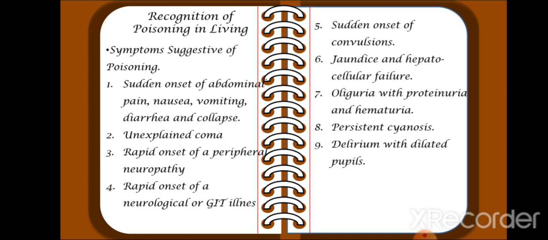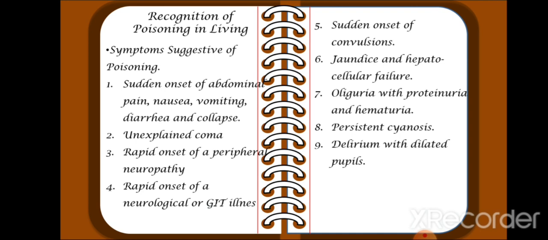So that will happen. The rapid onset of a neurological or GIT illness, like someone will have prominent diarrhea without any cause. The sudden onset of convulsions, jaundice and hepatocellular failure, oliguria, proteinuria and hematuria: the presence of protein, the presence of blood, or less urine. These will be the symptoms shown.